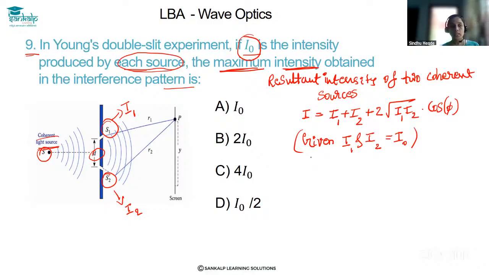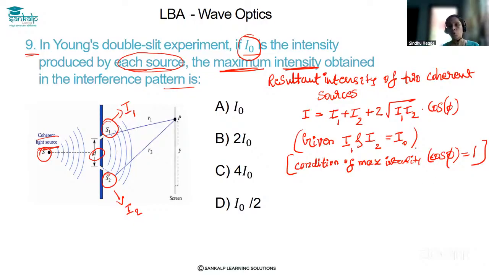Due to the condition of maximum intensity, cos phi is equal to 1. This is the condition for maximum intensity.